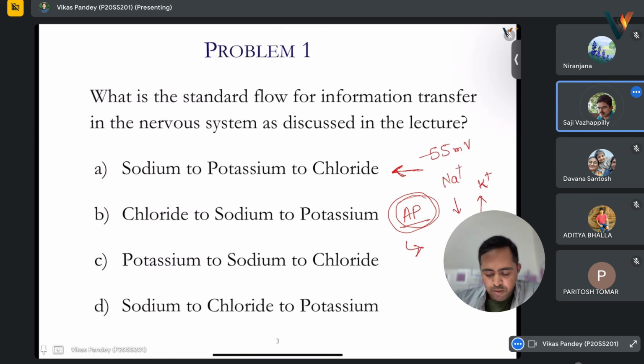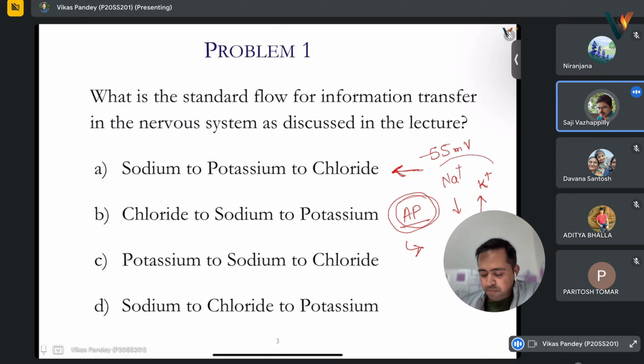Okay. And what is the role of chloride ion? I think it is a gradient voltage. Gradient voltage. So, what role will it play?